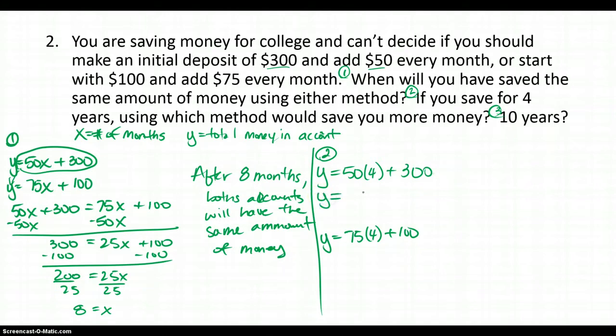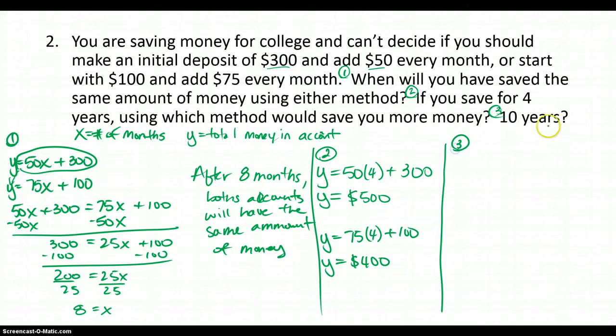So for this first equation, y would equal $500. For this second equation, y would equal $400. So obviously this first savings account would save you more money. So we would want to say that savings account number 1, that would be the best pick if we were going to only leave our money in there for 4 years.